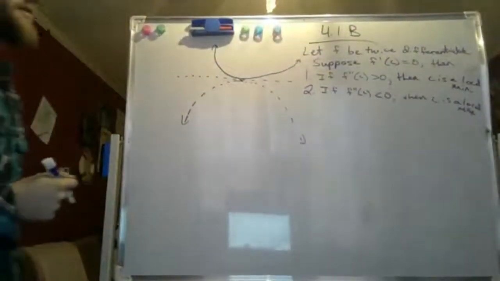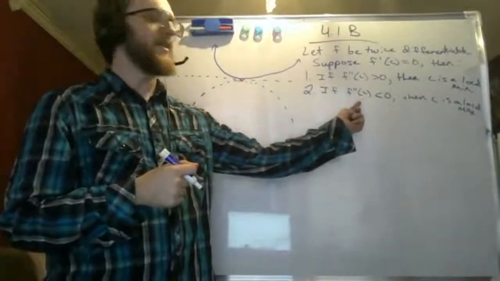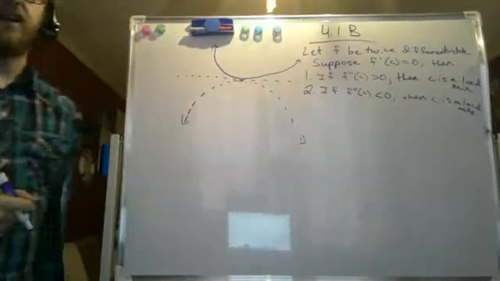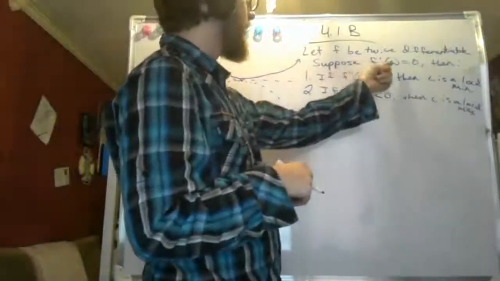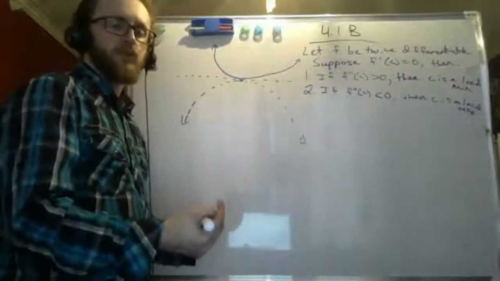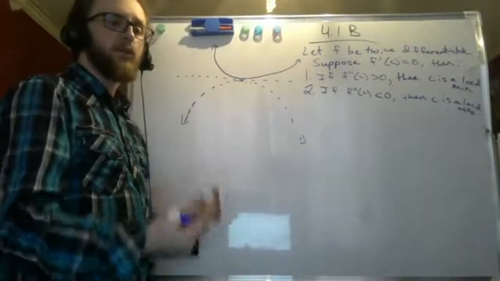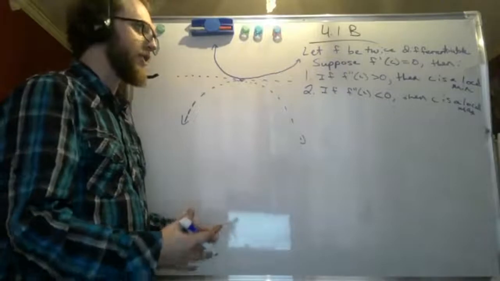So this is great. We can find our local mins and our local maxes based off of what sign the second derivative takes at that point. But this test requires that we're testing points where the first derivative is equal to 0. So we're specifically checking the critical points for the function.